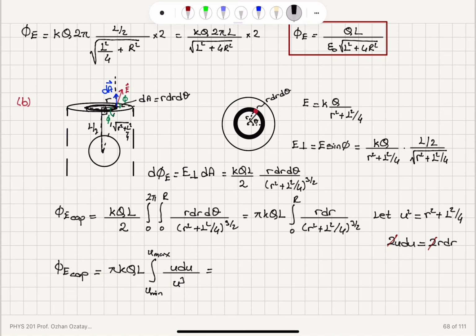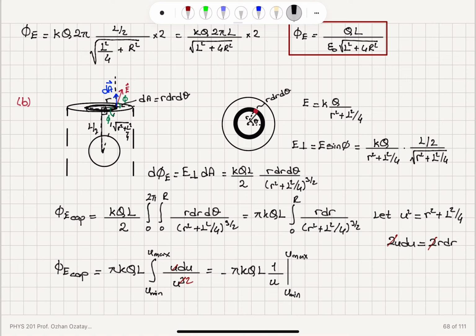And this is going to give me integral du over u squared, which is a very easy integral, which is minus pi kq capital L times 1 over u. So u to the power minus 1, if you differentiate it, gives you minus 1 over u squared. So this will be evaluated between u minimum and u maximum.